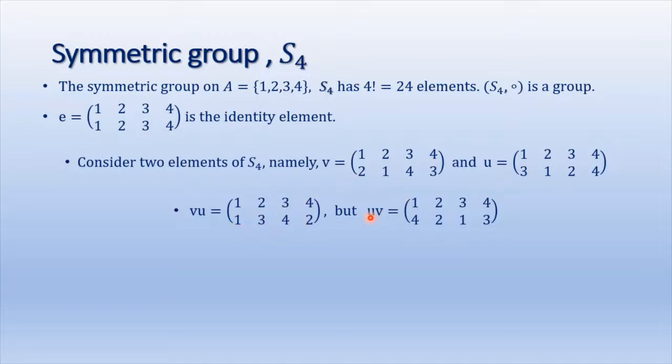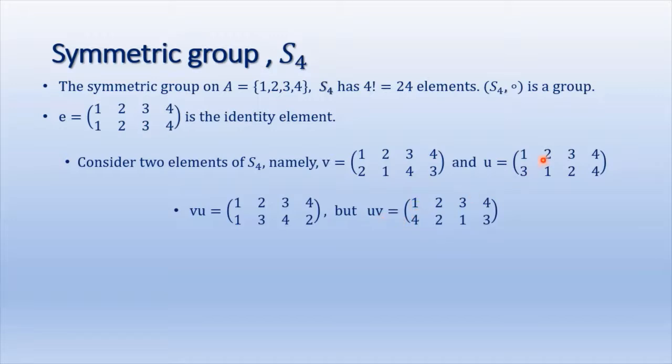Here also first you write the numbers in the same order 1, 2, 3, 4. To find the image of 1 under the composition of functions UV, first you find the image of 1 in U and then that corresponding image in V. So here in U 1 goes to 3 and 3 goes to 4 in V. So the image of 1 is 4 under UV.